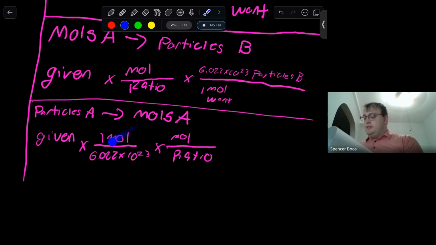It says, if this reaction created blank molecules of hydrochloric acid, how many grams of blank did the reaction create? So it's not always just one step. We'll do an example where you go to moles, an example where you go to grams from particles, and another example from up here as well.